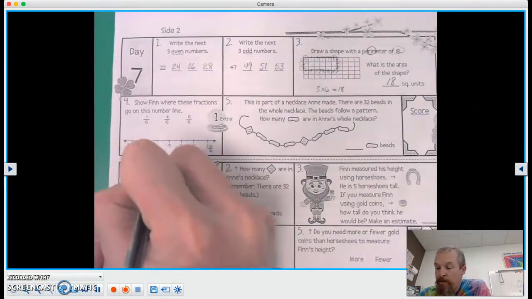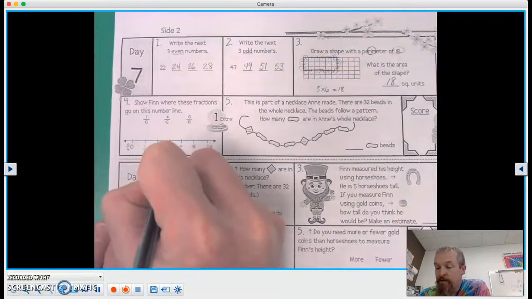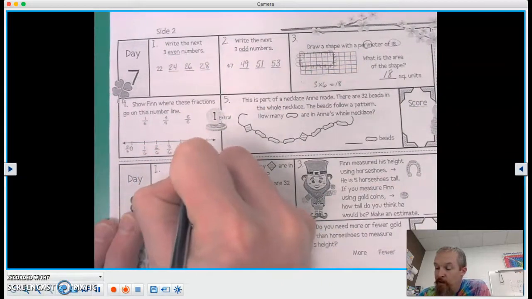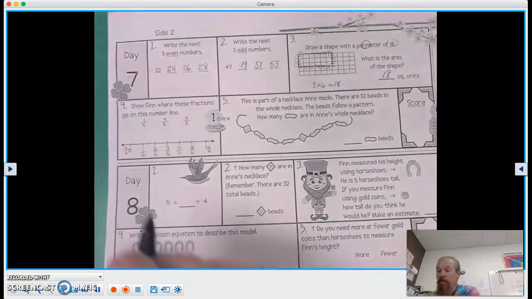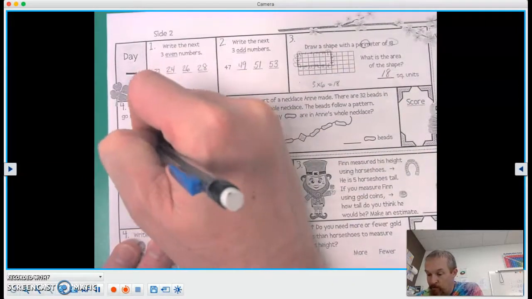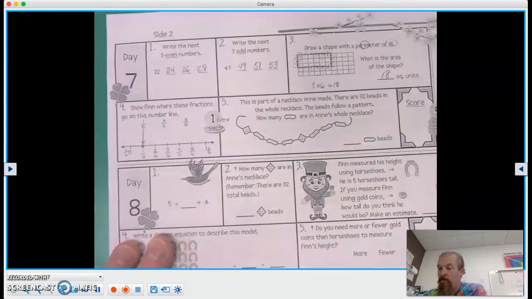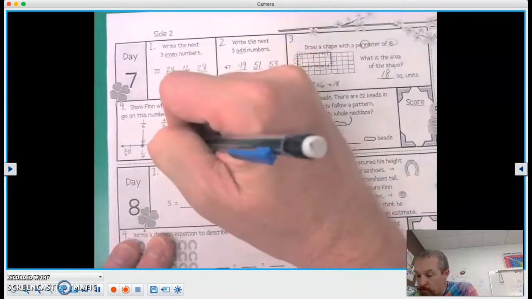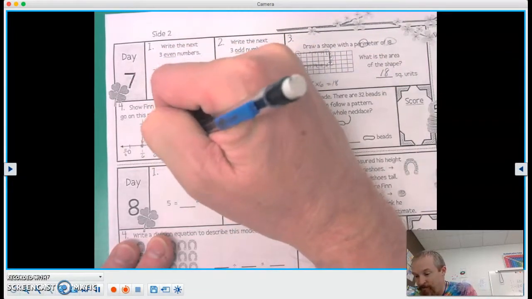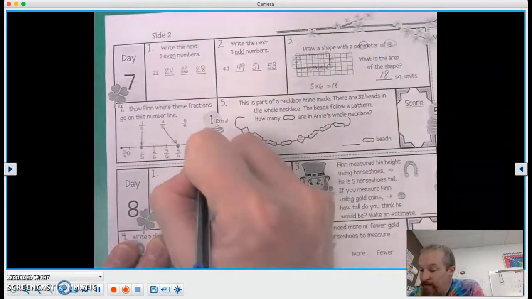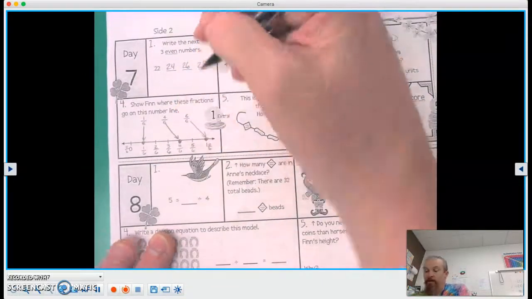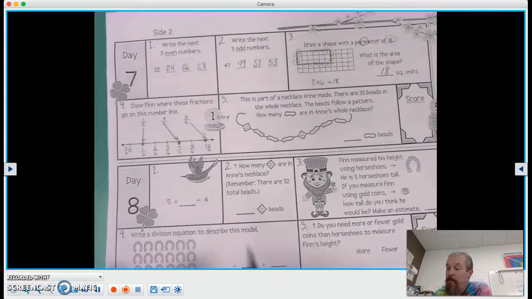So there's 1/6, 2/6, 3/6, 4/6, and 5/6. Okay, so 1/6 goes right here. 4/6 goes right here. And 6 over 6, which equals 1, 6 divided by 6 is 1, goes right there.